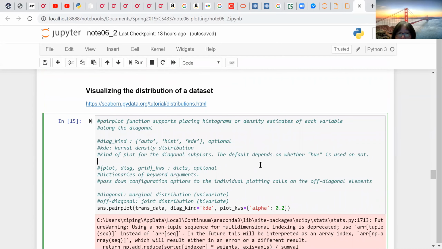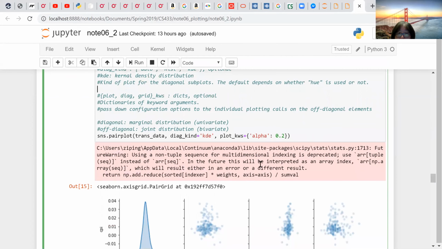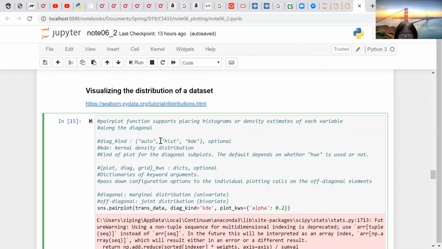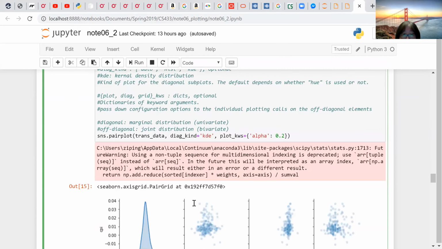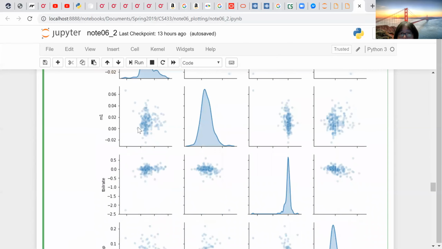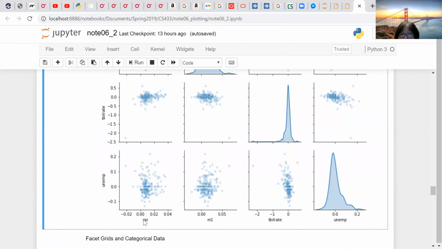And next, what we are going to see, quite useful for Seaborn plotting, is that Seaborn can also do a pair plot. Okay, quite useful. The first example for the pair plot is here, because we pick 4 columns: we have CPI, we have M1, we also have the T-bill rate, and we have the unemployment rate.